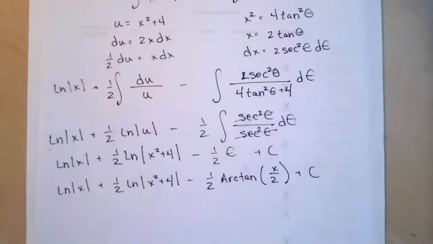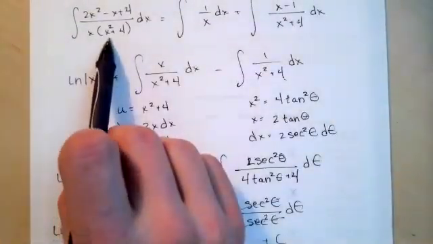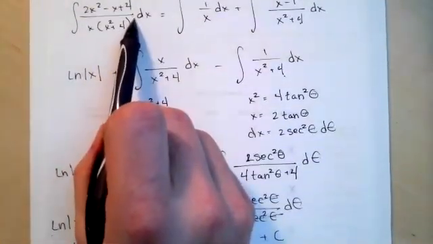Okay, so it looks like we got about 5 minutes. I don't really want to get another problem started. There's a couple more problems we need to do. We need to take a look at what's going to happen when we have multiplicities of the factors greater than 1. So far, this was an x squared plus 4, but that quantity was to the 1.